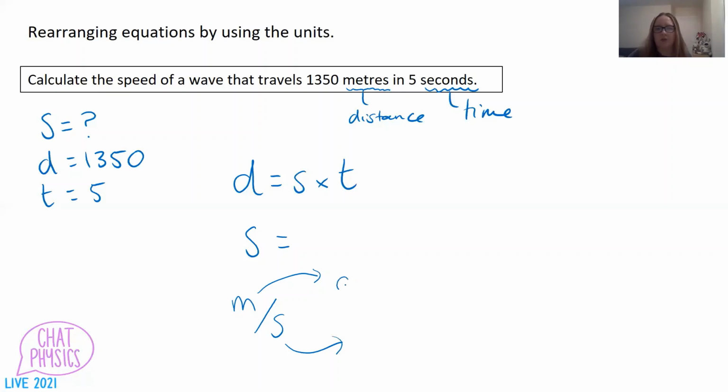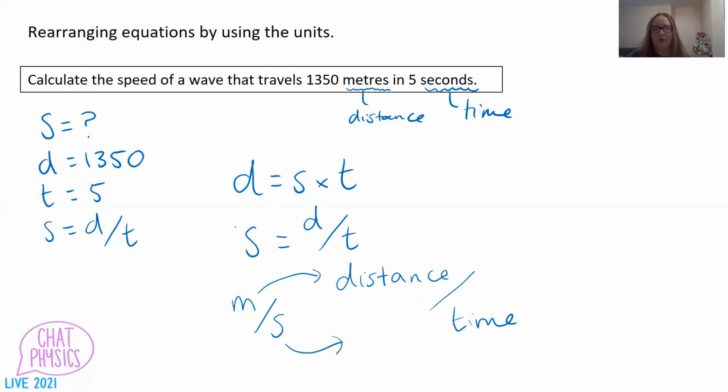Meters measures distance, and seconds measures time, but that's actually a fraction, as we can see from our units over here. So if speed is measured in meters per second, which equates to distance per time, I've actually just rearranged the equation for myself so that I can go ahead and solve the equation over here.